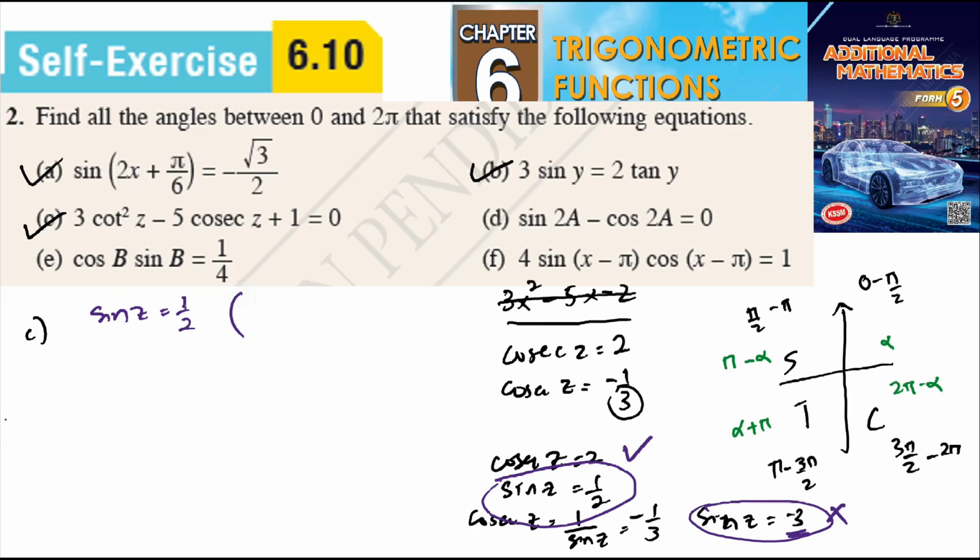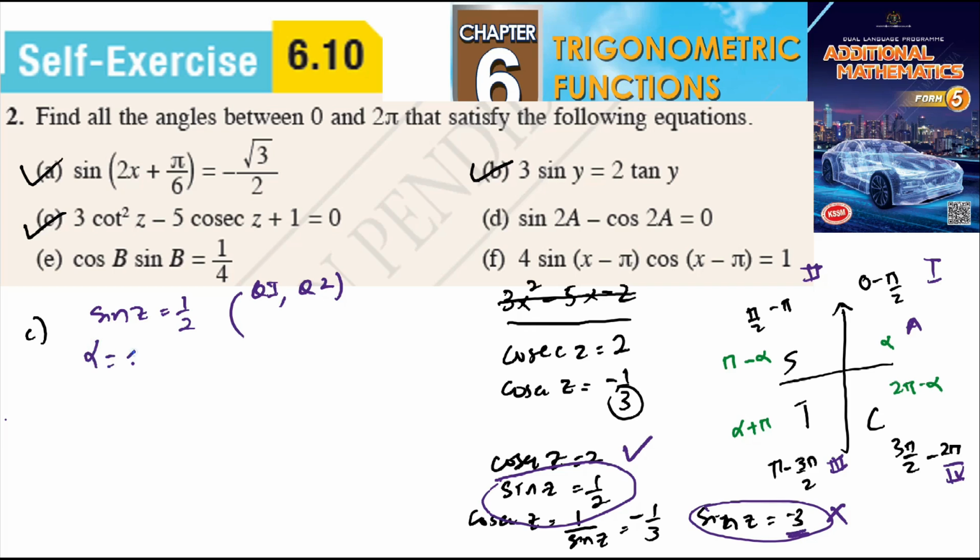For sine to be positive, it's supposed to be in the first and second quadrants, Q1 and Q2, using the ASTC diagram. Alright, so now we use the reference angle.